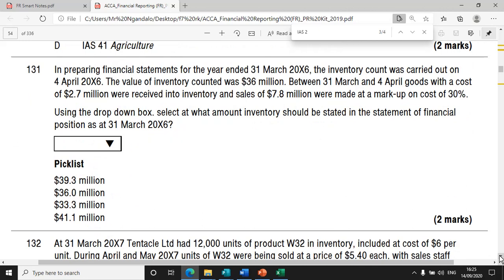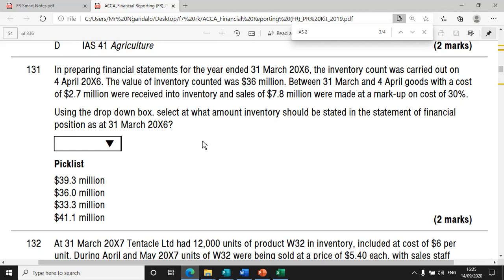Okay, so finally, we want to look at these two questions that involve calculations. I want us to start with 131. It says, in preparing financial statements for the year ended 31st March 20x6, the inventory count was carried out on 4th April, meaning that it was missed, because the year end is at 31st March. The value of inventory counted was 36 million.